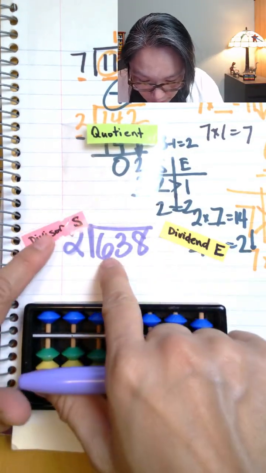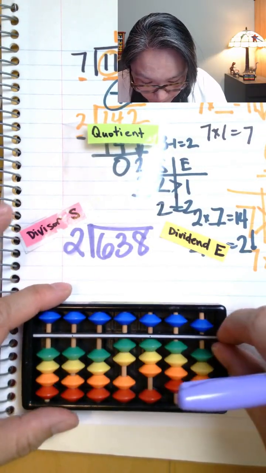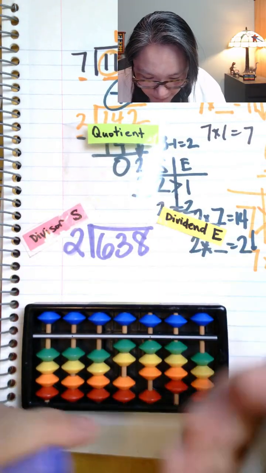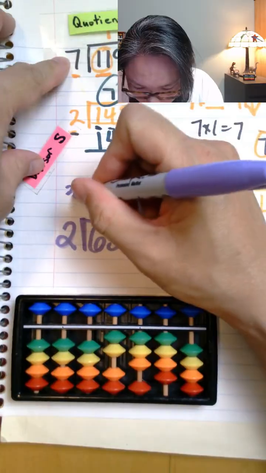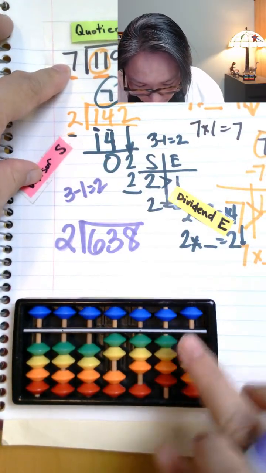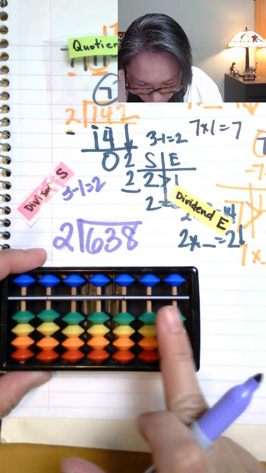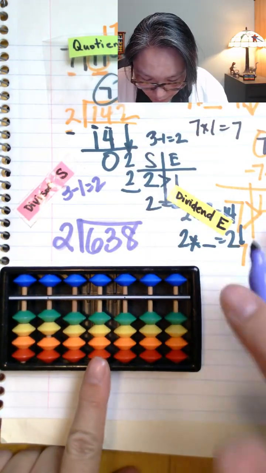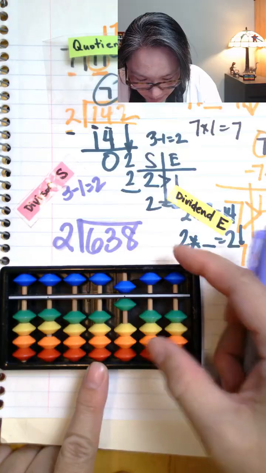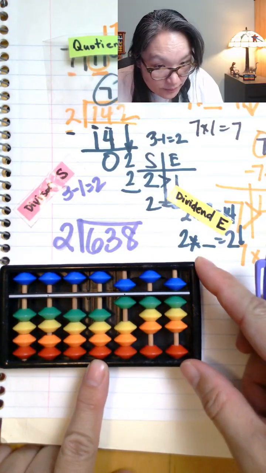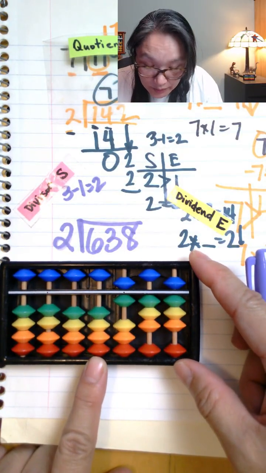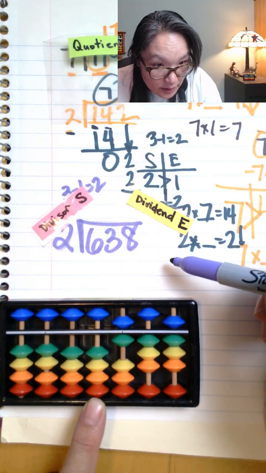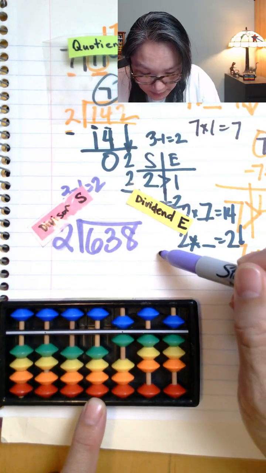So the first thing we're going to do is understand where our place value will be. So 3 take away 1 is equal to 2. So I go 1, 2. Because my answer will be here, I'm going to put my dividend here: 6, 3, 8. After that, we have to compare.